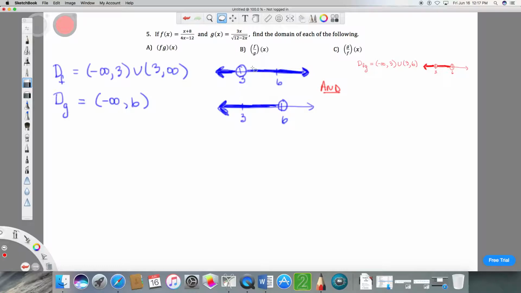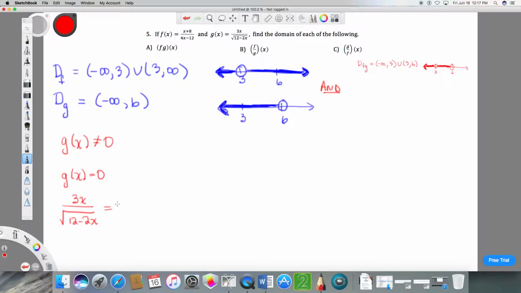All right, so in B we need the added restriction that g of x cannot be 0. So we temporarily let it equal 0 in order to know what to avoid. g of x is this ratio 3x over the square root of 12 minus 2x.